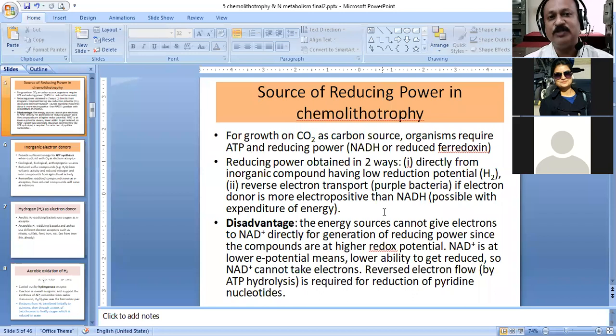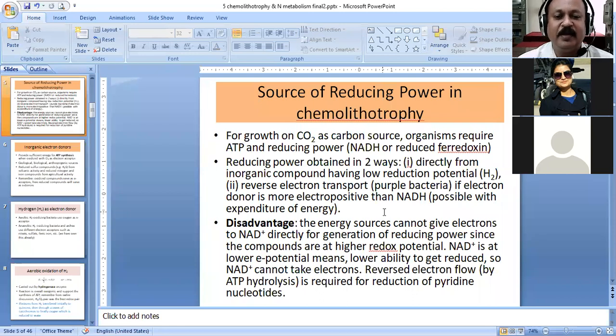But in order to generate the reducing power, if a particular electron donor is placed at a higher potential, then it cannot give the electron easily, and therefore ATP must be consumed to drive the electron in the reverse manner. Only then can the electron go from that donor to the NAD molecule.